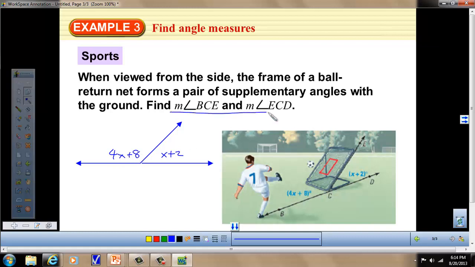Now, this is one of those trick questions. They want us to find those two angles, so you have to work on that. We know that these two angles added together, because they are a pair of supplementary angles, add up to 180. So we're going to write 4x plus 8 plus x plus 2 is equal to 180.